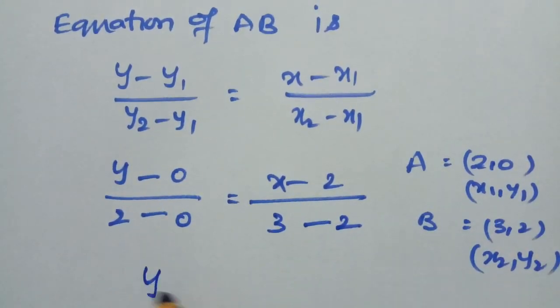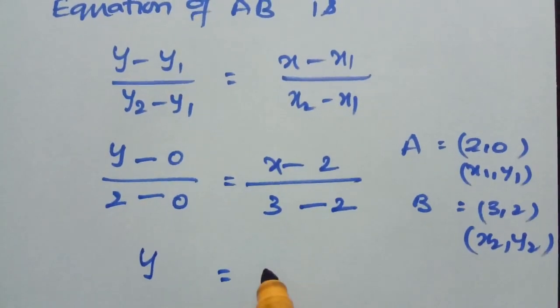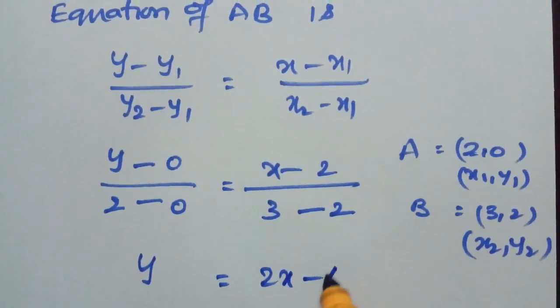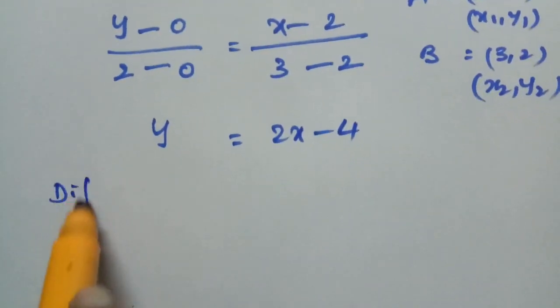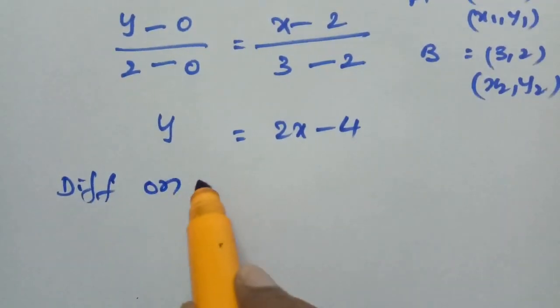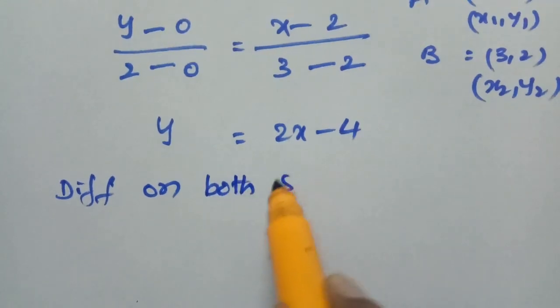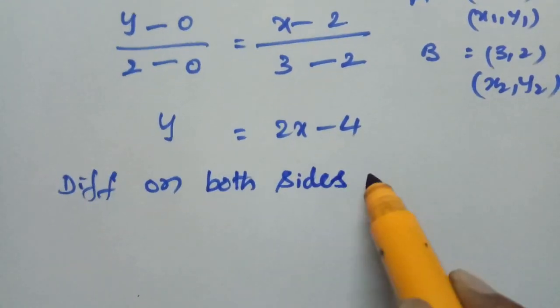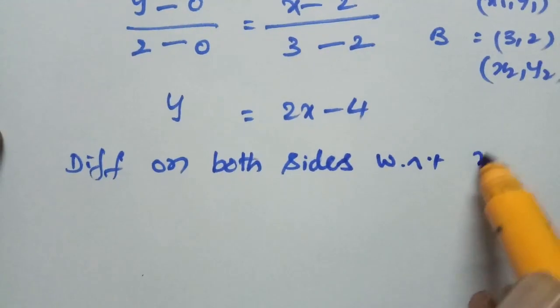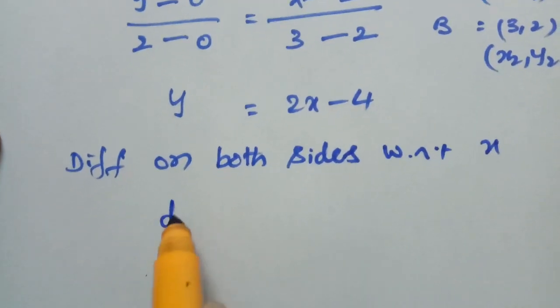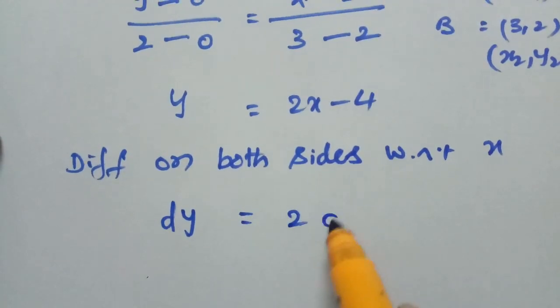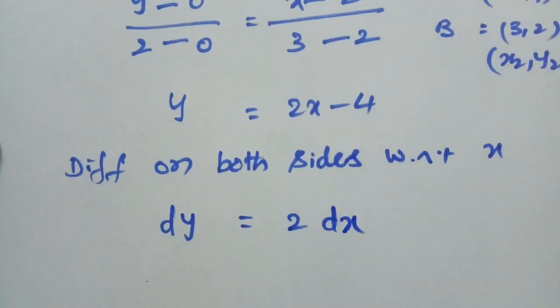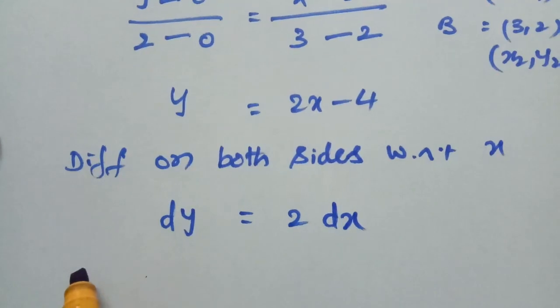Therefore, by cross multiplication, y = 2(x − 2)/1. Differentiating on both sides with respect to x, dy/dx = 2, so dy = 2 dx.